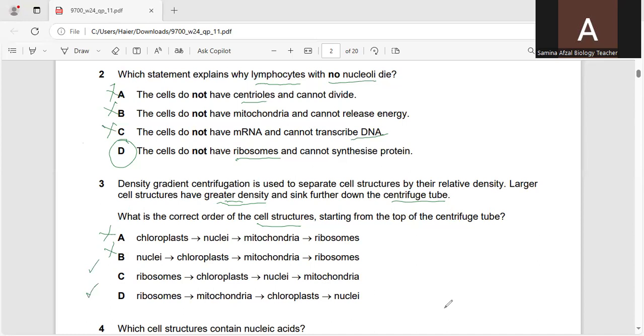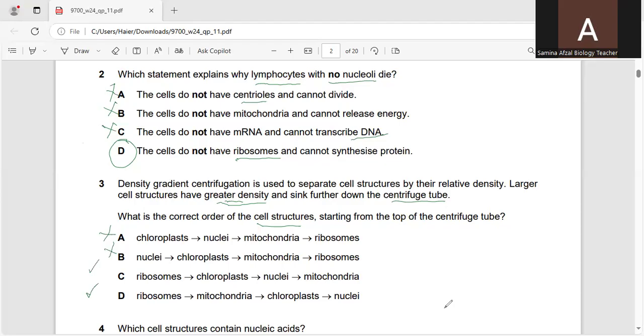So after ribosomes, there are the mitochondria. Mitochondria produce energy, so they are denser than the ribosomes. Then chloroplasts are denser than mitochondria. The process of photosynthesis takes place in the chloroplast.